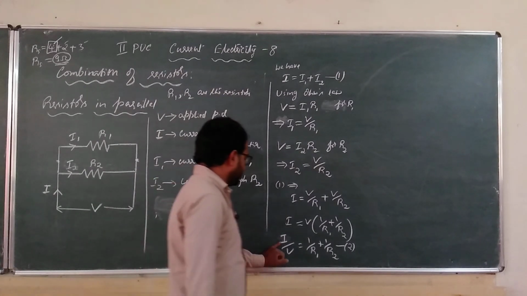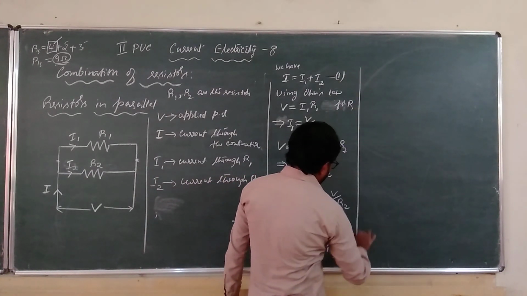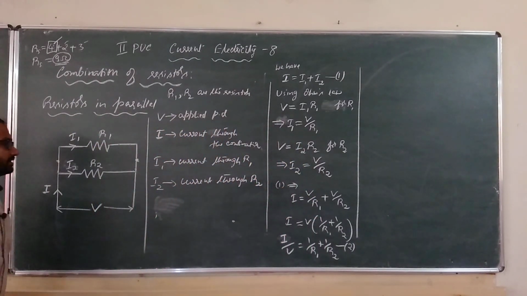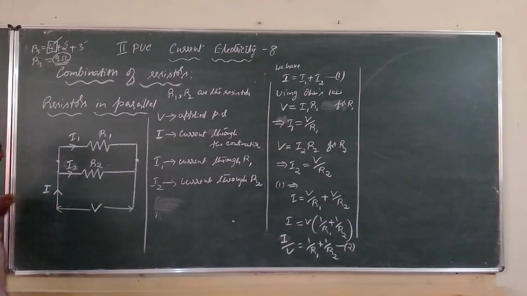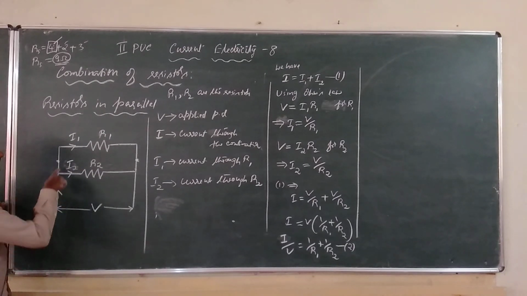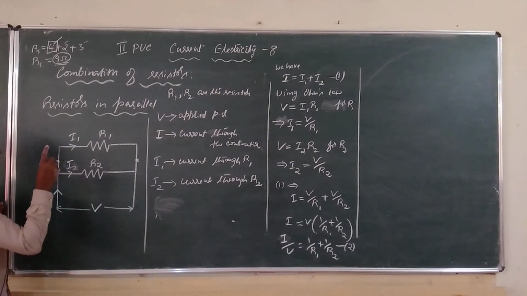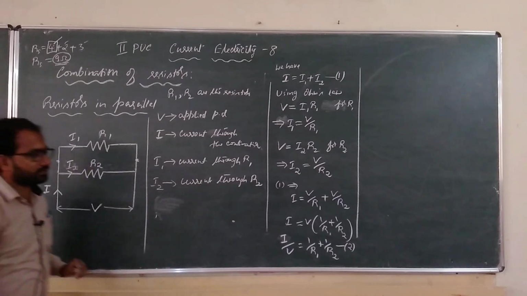Okay, so if the combination is replaced by some other resistor of resistance Rp such that under the applied potential difference V, same current is flowing through that resistor, then that resistance is said to be the equivalent or effective value of resistance of the combination.